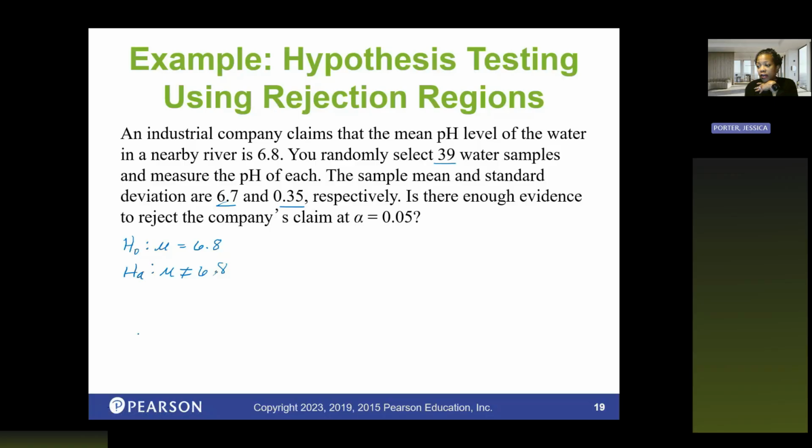Okay, let's calculate our t-statistic. Remember, that's X bar minus the population mean, divided by S divided by the square root of N. So X bar is 6.7 minus 6.8 all over 0.35 divided by the square root of 39.